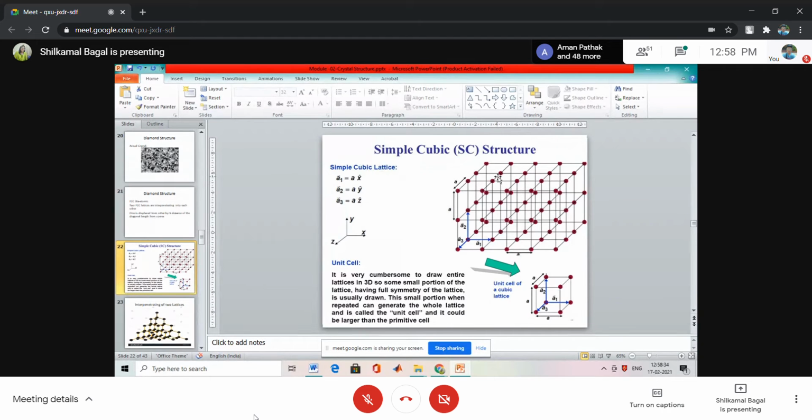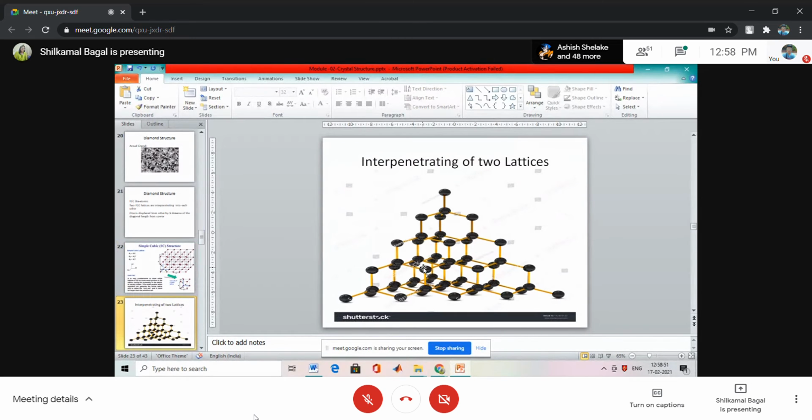So this is in case of SCC, but it's not like that in a diamond, because there one unit cell is displaced from the other. These 2 neighboring unit cells are penetrating into each other, and so the structure is like this.